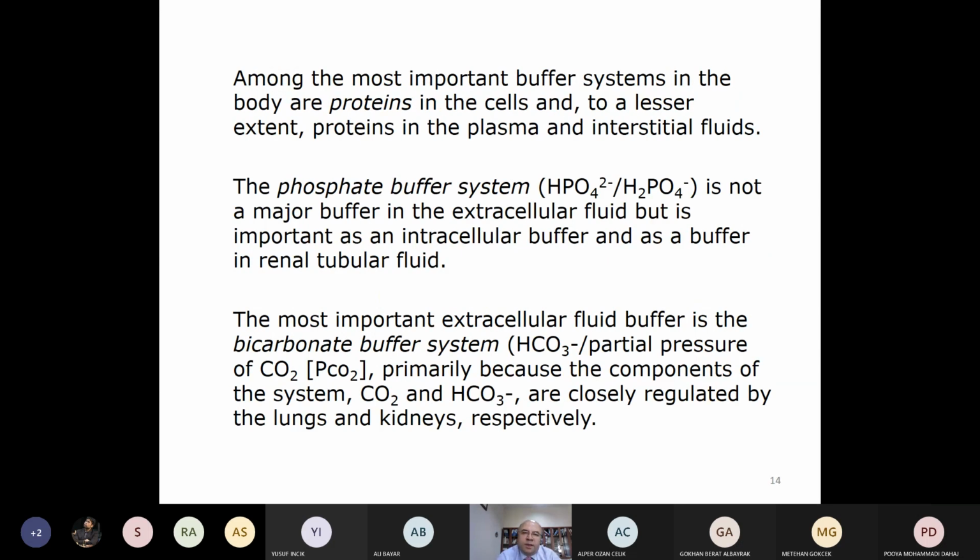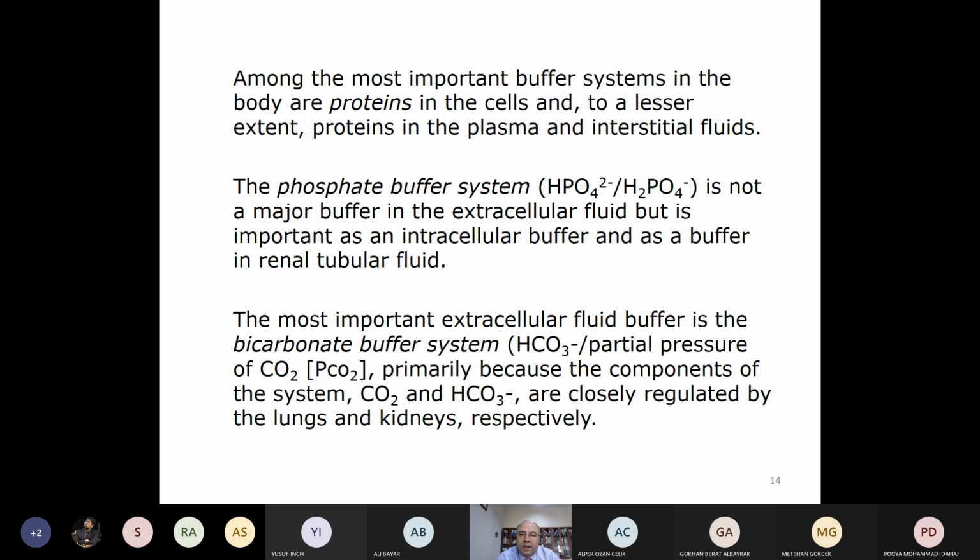Among the most important buffer systems in our body are proteins in the cells and, to a lesser extent, proteins in the plasma, albumin for example, and interstitial fluids. Actually, very little protein is present in the interstitial fluid. Phosphate buffer system is not a major buffer in the extracellular fluid, but it is an important buffer in the intracellular area and also in the renal tubules.